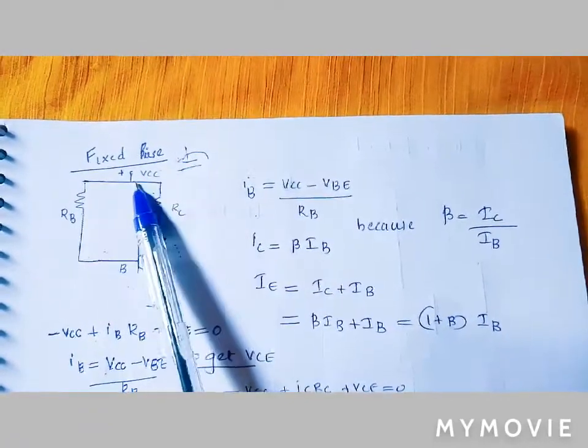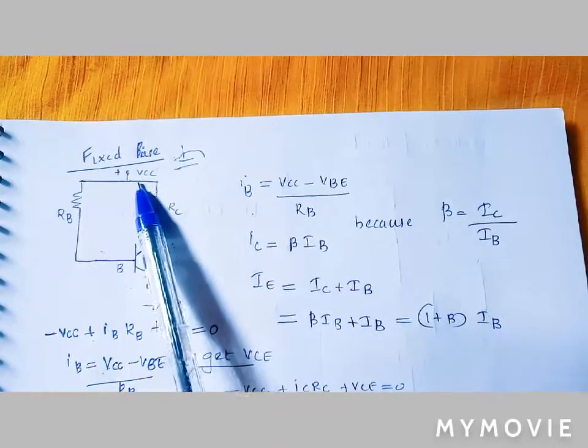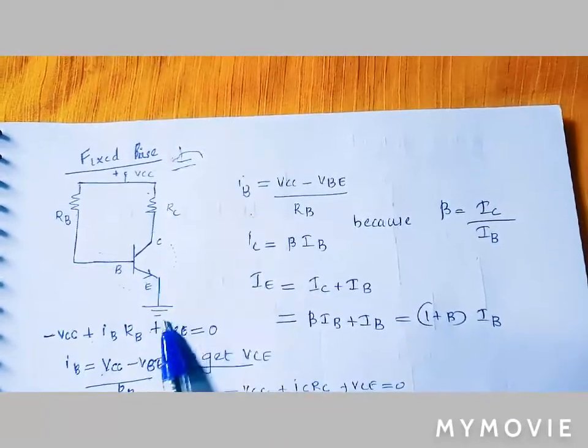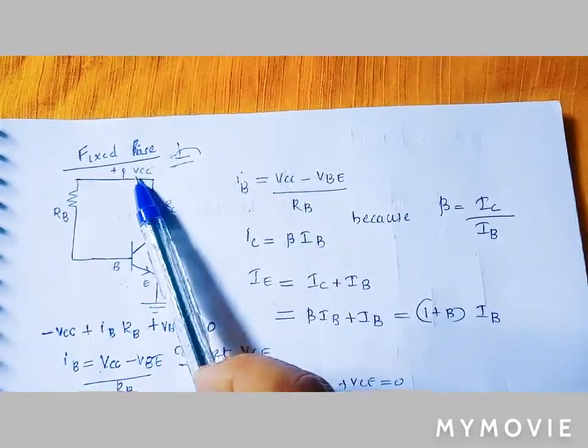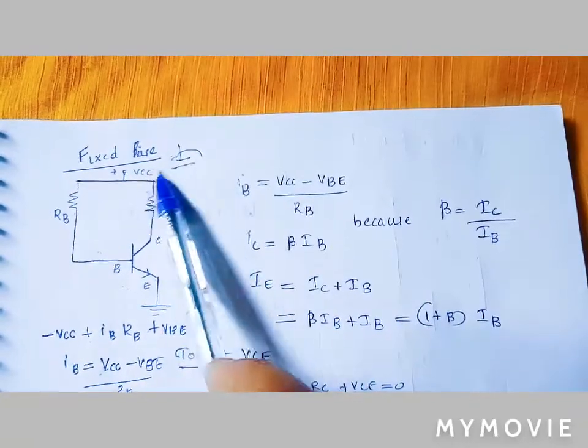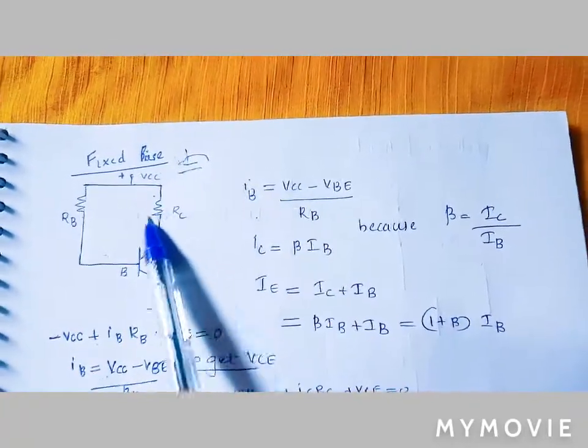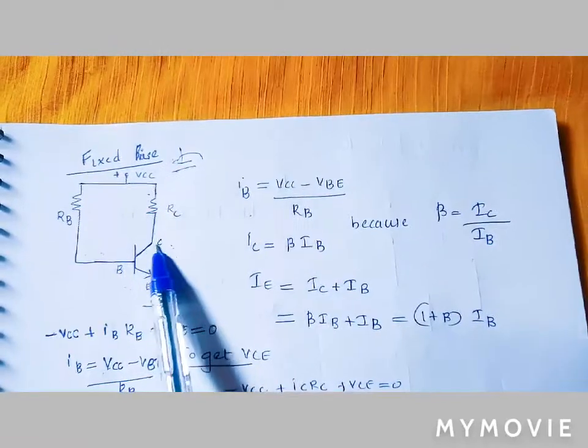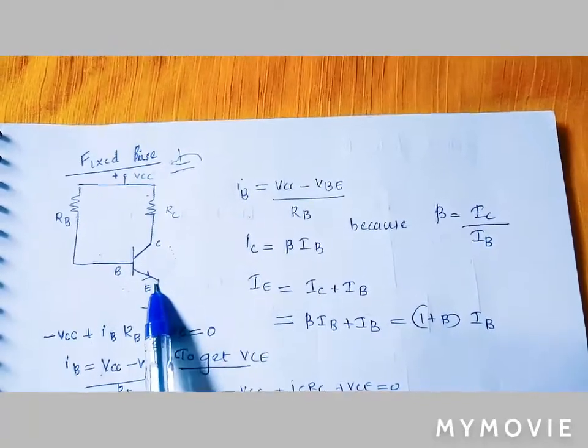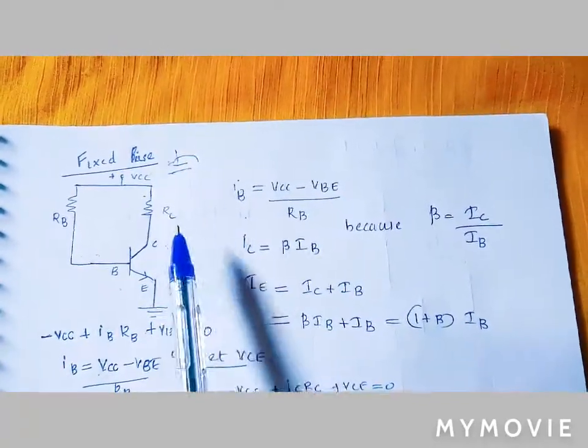Here is one more example, the output Kirchhoff voltage law: minus VCC, here the voltage ICRC, and here the voltage is plus VCE. How is it plus?